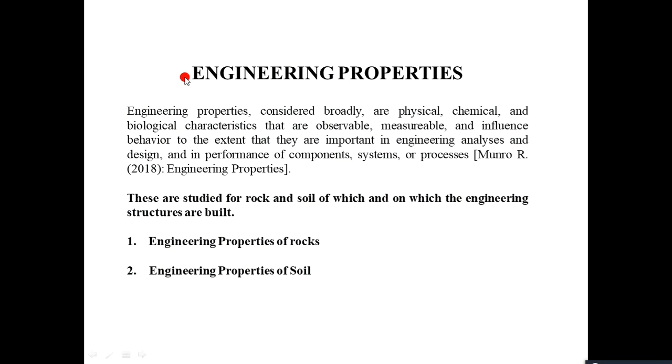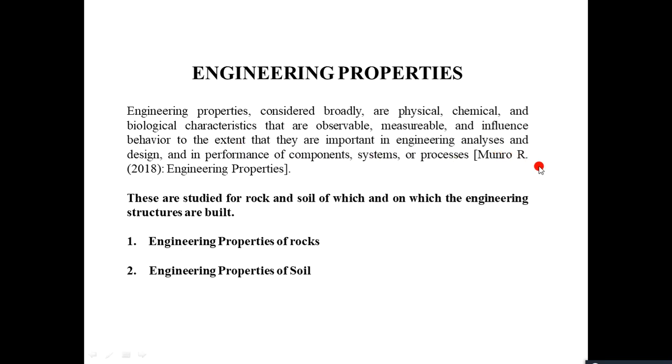So if we talk about engineering properties of a rock, which can be seen as a foundation on which any engineering structure is built, engineering properties are considered broadly as physical, chemical and biological characters that are observable, measurable and also influence behavior to the extent that they are important in engineering analysis and design and in performance of a component, system or process.